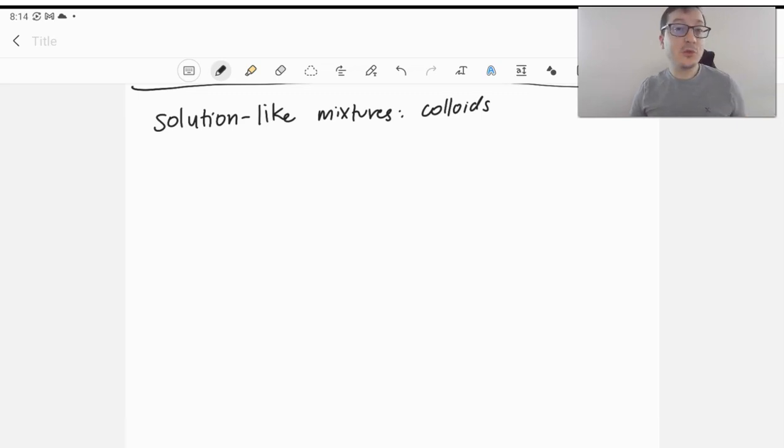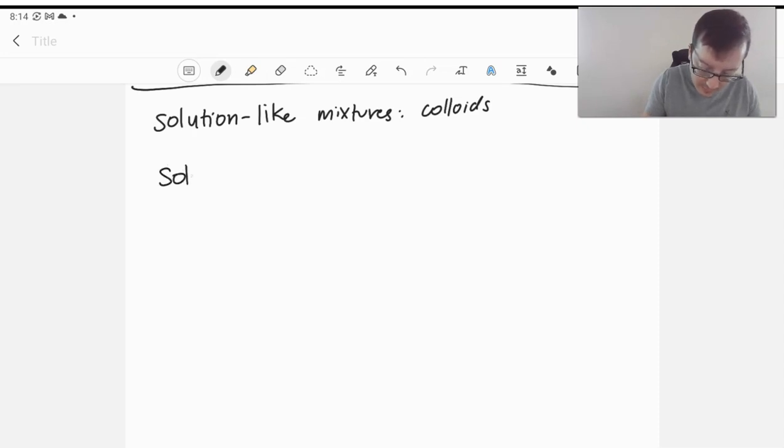These are not quite true solutions in which there are completely dissolved solutes, but rather we have large particles that are kind of floating in what's called a dispersal medium. So instead of a solute and solvent as vocabulary terms, we have a kind of solute-like particle that is dispersed, the dispersed particle, and then we have the solvent-like dispersing medium.